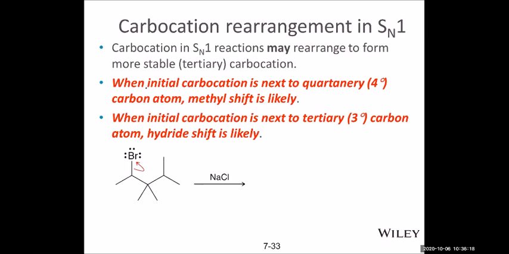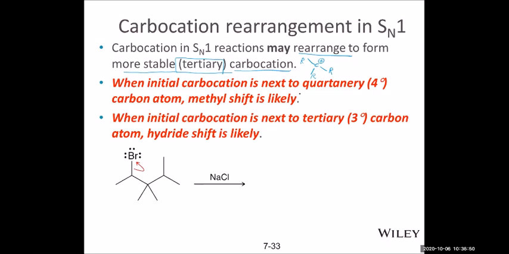The reason is that such a rearrangement oftentimes leads to a more stable tertiary carbocation. So the rearrangement should eventually lead to a more stable carbocation. And then, since the carbocation is more stable, it will have the nucleophilic attack and give you the final product.